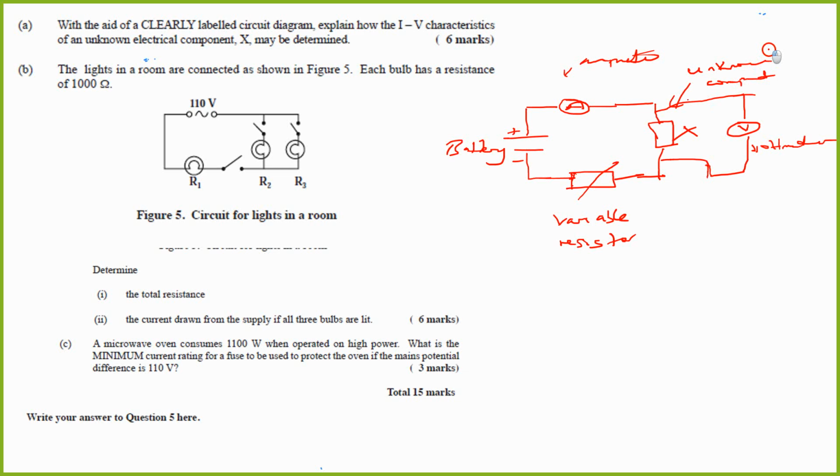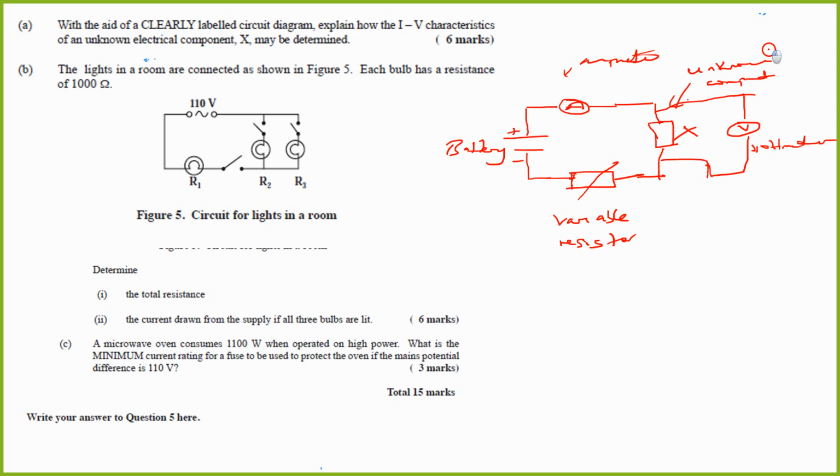Now, what we're going to do in this circuit, because if I want to find the current flowing through my unknown component, I need to vary the current. One way I can vary the current is by altering the variable resistor. If I change the resistance of the variable resistor, it will affect the current flowing through the unknown component.